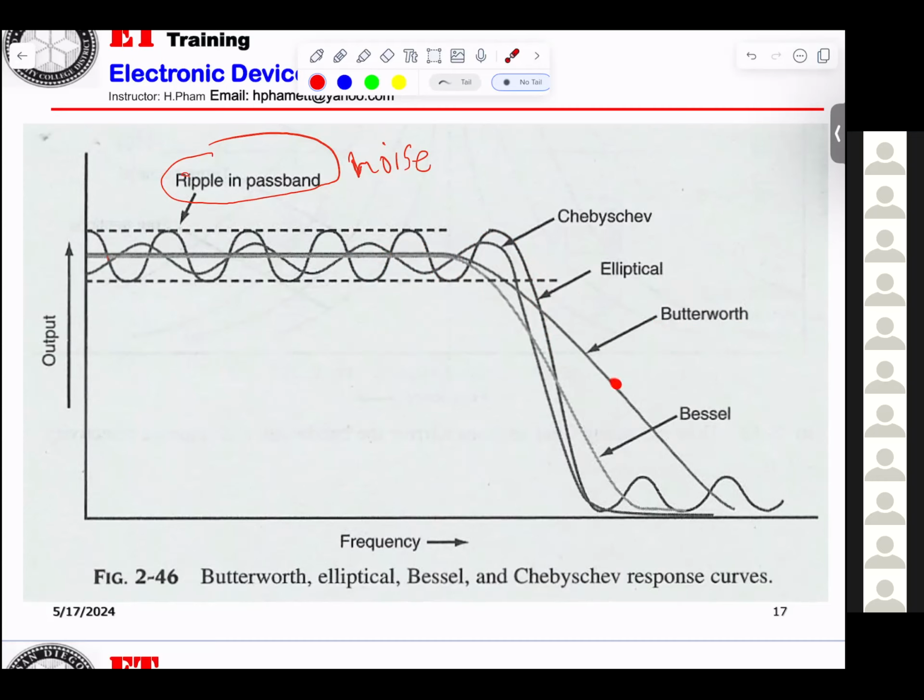However, this is the cutoff. If you compare to Bessel, then Bessel will be better. Why? They don't have noise. However, the cutoff will be better than Butterworth. Okay? So the selection will be Bessel.